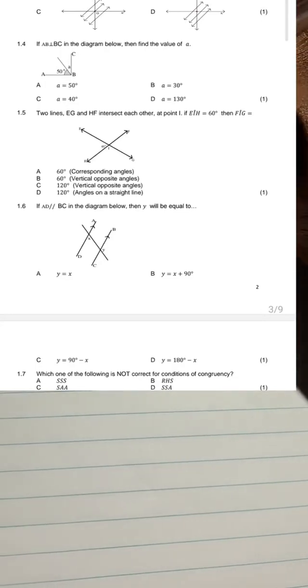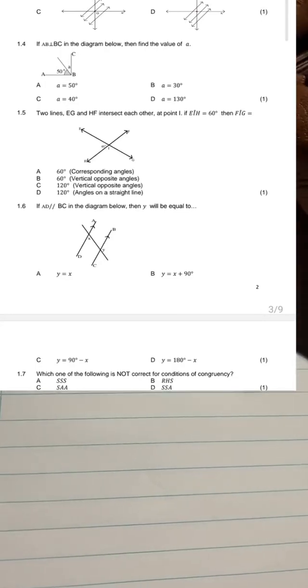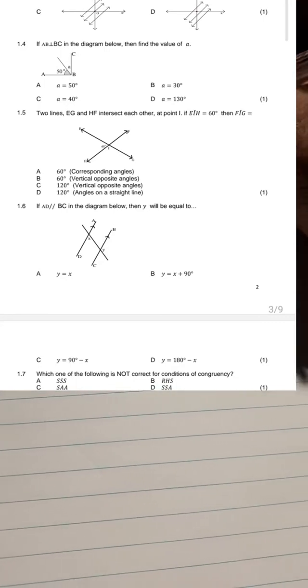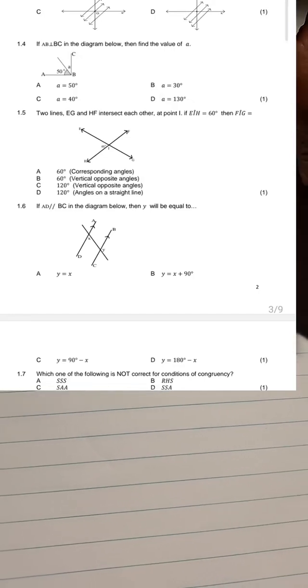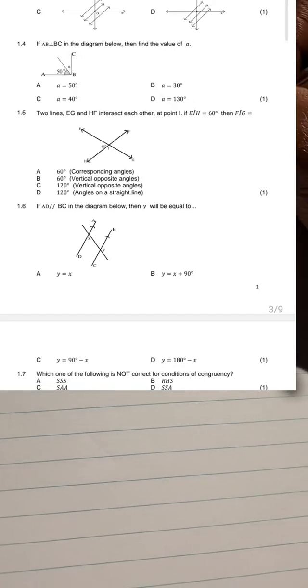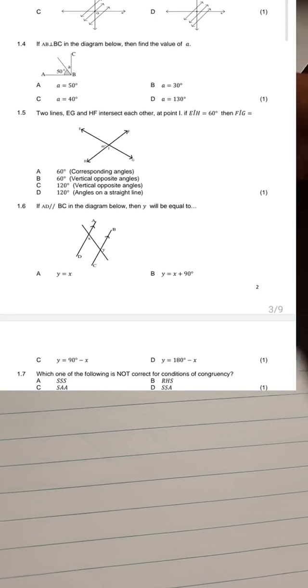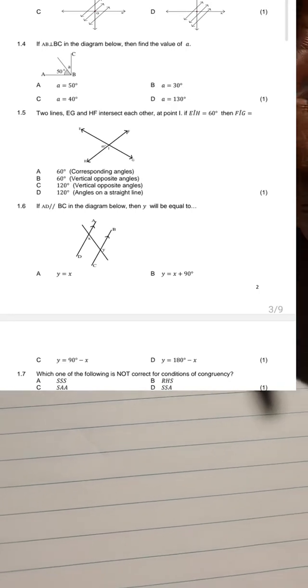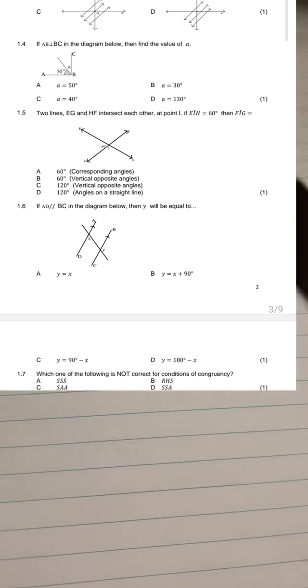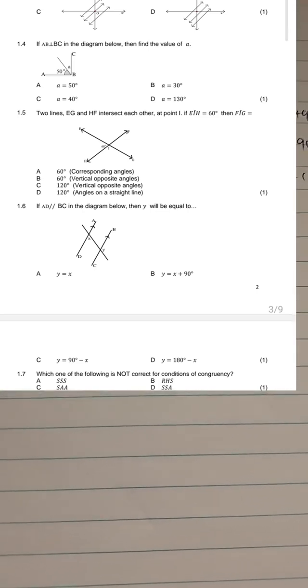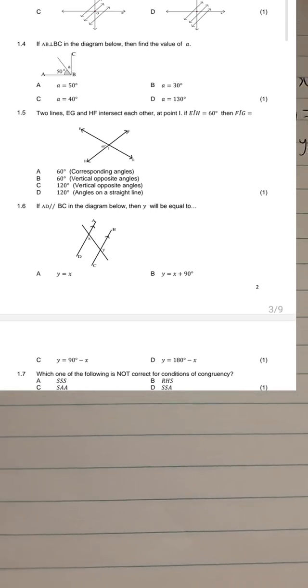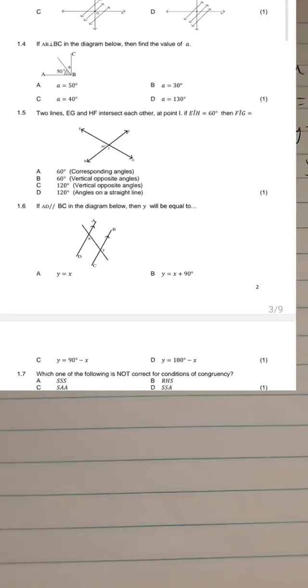Let's be very careful when you answer these questions, because the options there are: A, Y is equal to X; B, Y is equal to X plus 90; C, Y is equal to 90 minus X; and D, Y is equal to 180 minus X. That's the $1 million question. Which option is correct? So let me just remove this so that you guys can see.